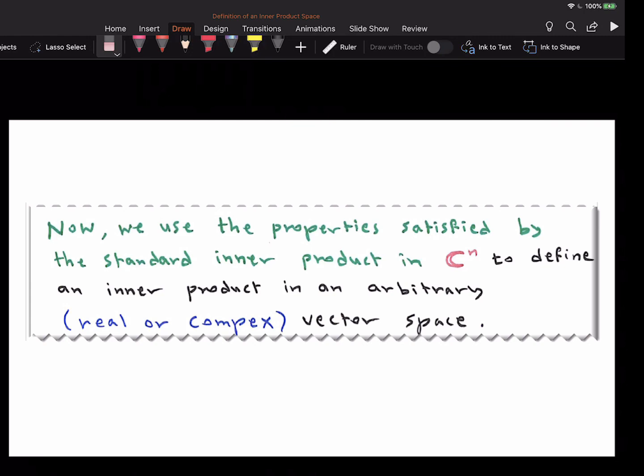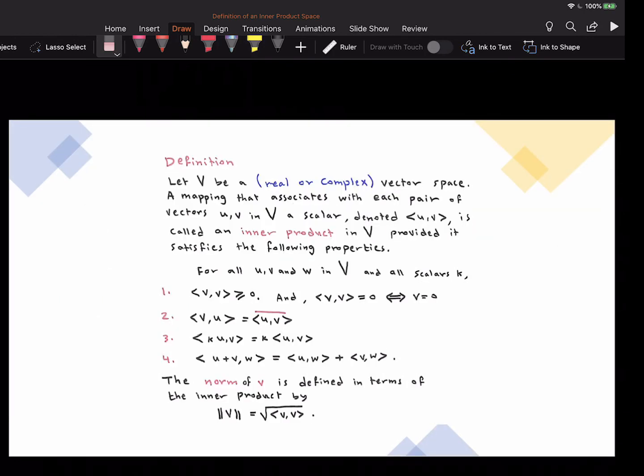Now we use the properties satisfied by the standard inner product in Cn to define an inner product in an arbitrary real or complex vector space. So we go back to the definition.